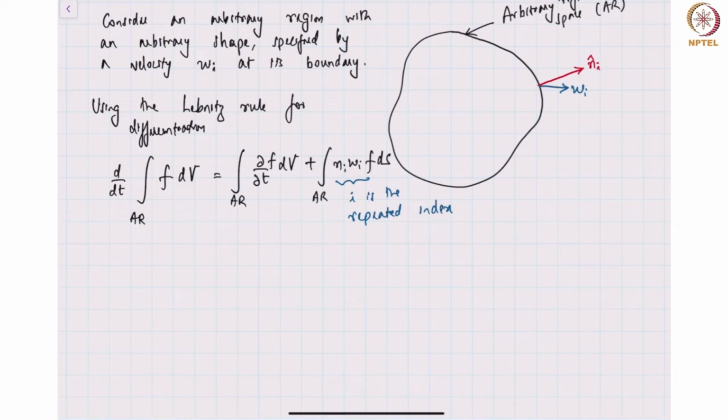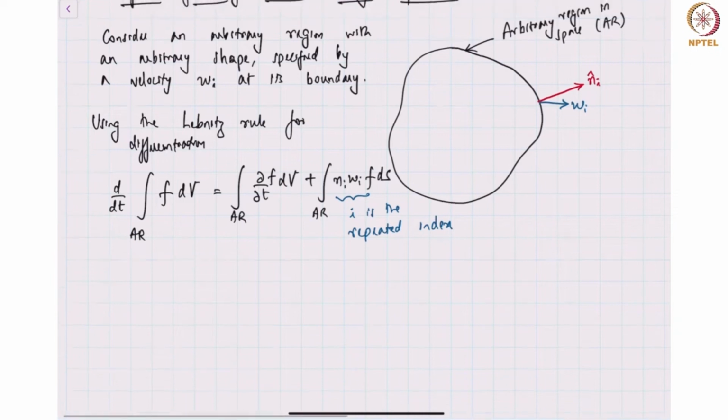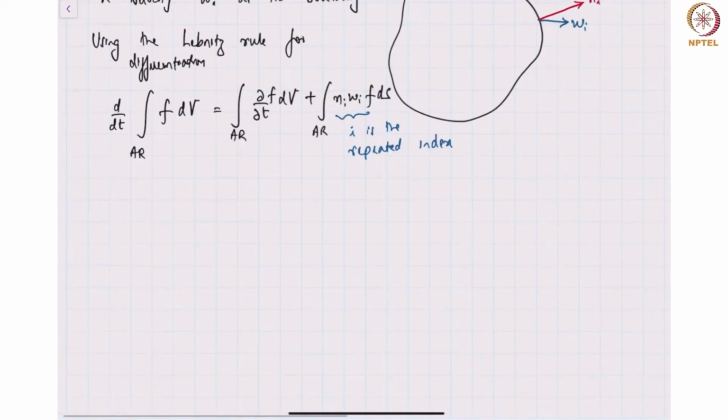Okay. So what it's saying is the total change of this quantity f inside the boundary is related to local changes at a given point integrated over the whole volume plus changes that happen over the boundary. So it becomes easy if we assign a physical meaning to f.